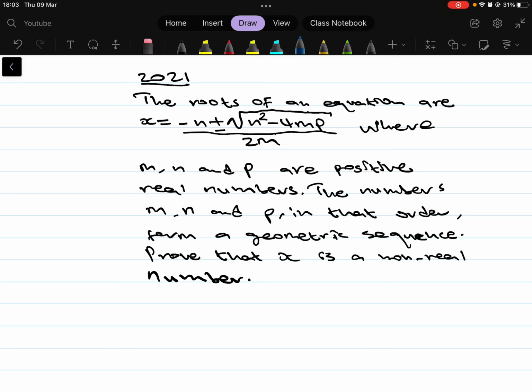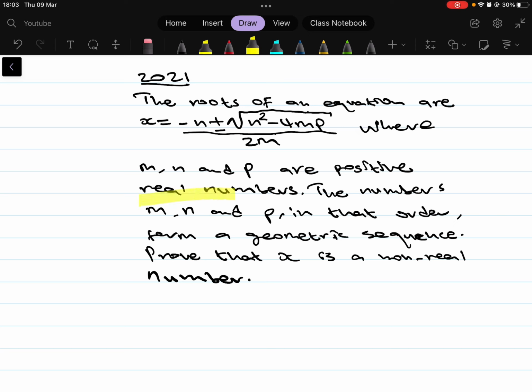Suppose the question reads as follows: the roots of an equation are x equals negative n plus minus the square root of n squared minus 4mp, divided by 2m, where m, n, and p are positive real numbers.